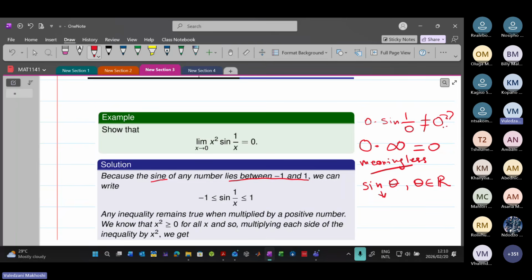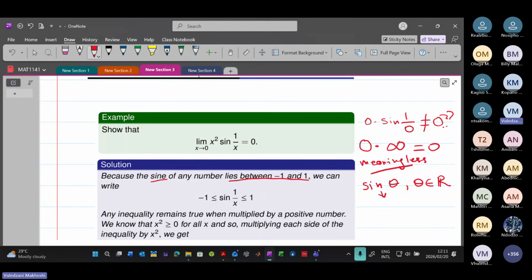So when we say limit of sine of 1 over x as x approaches 0, we are safe because we know we are not going to divide by 0 in any way whatsoever, because we will never reach 0. We are just getting very close to 0. All right. So that is very important for you to understand.